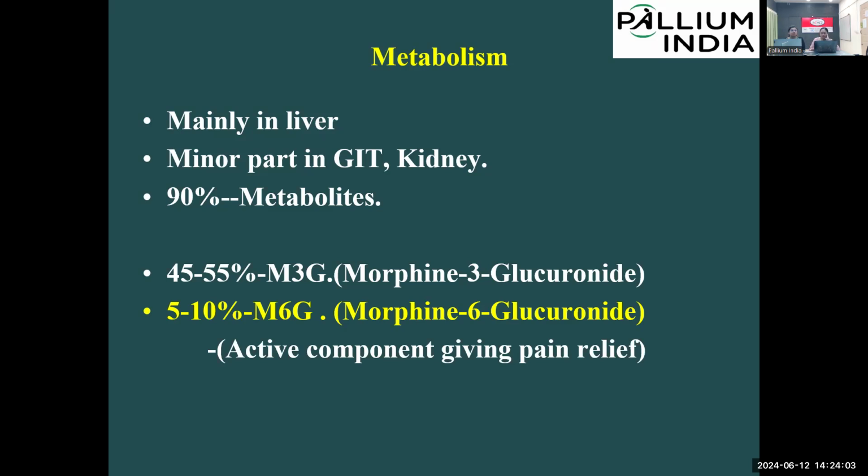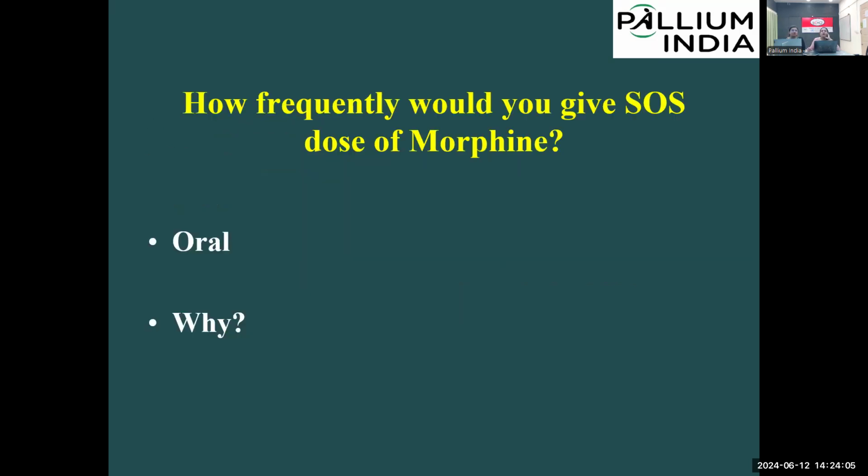Next slide. This whole process takes around 45 minutes to 1 hour for morphine to peak its action in the body, for the metabolism to take place in the liver and the metabolites to get released into the systemic circulation.